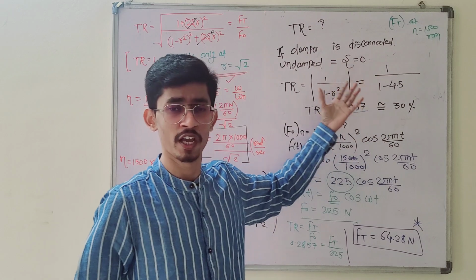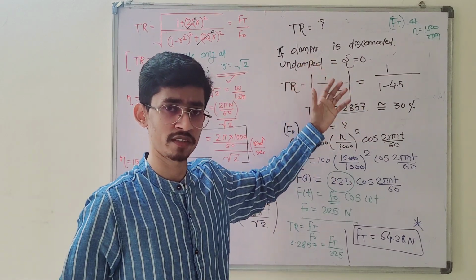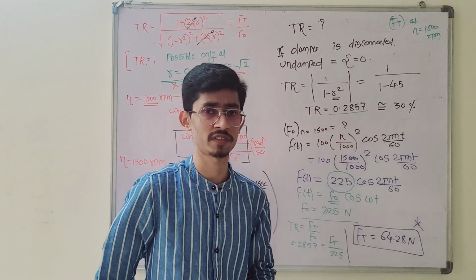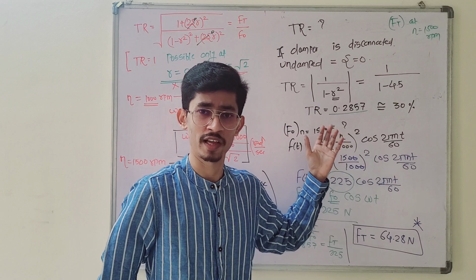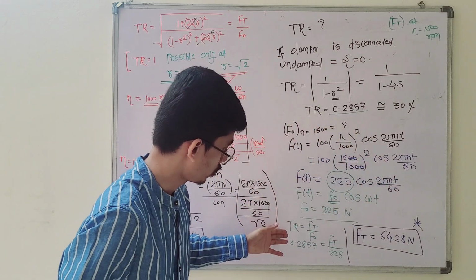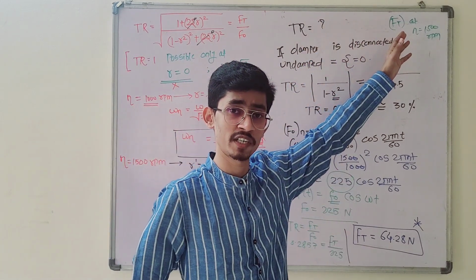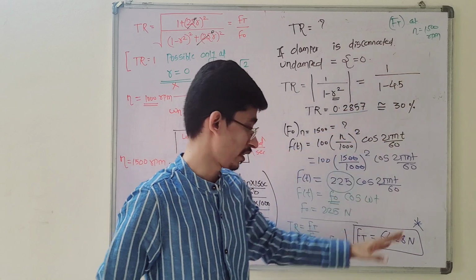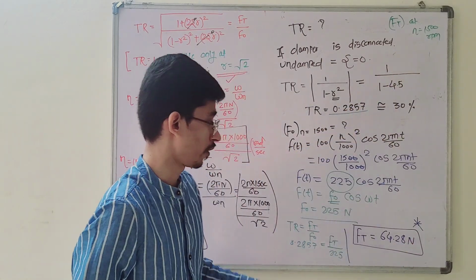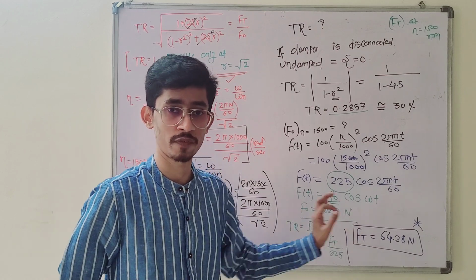Actually, if you isolate such a kind of engine from the ground, we need a transmissibility of near about 30%. This is a good quality question, and the question itself suggests we have practically made the conditions. They asked what force is transmitted at 1500 rpm, and that is found to be 64.28 Newton, which is the final answer.